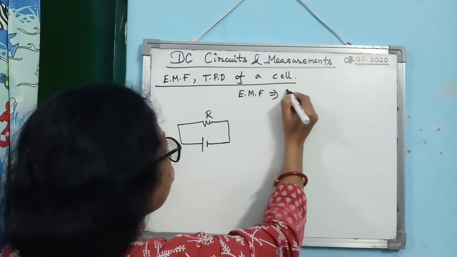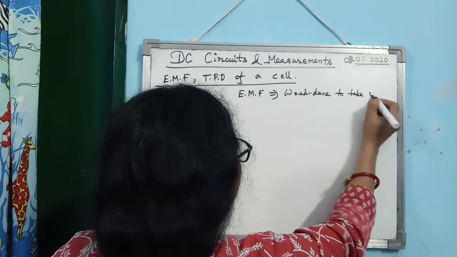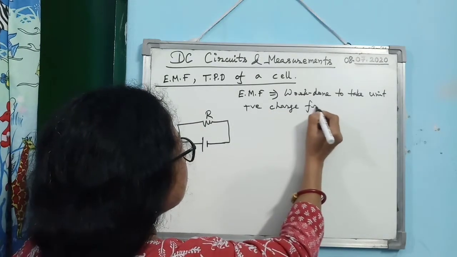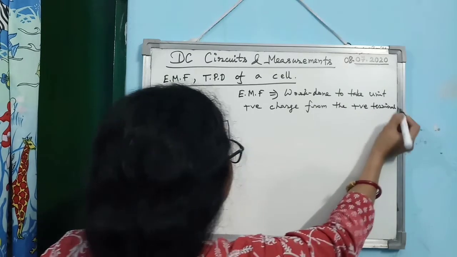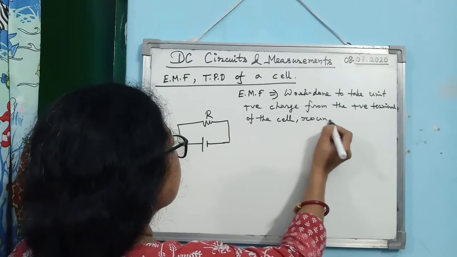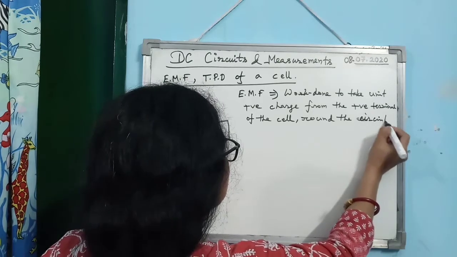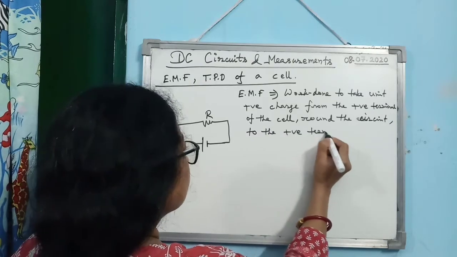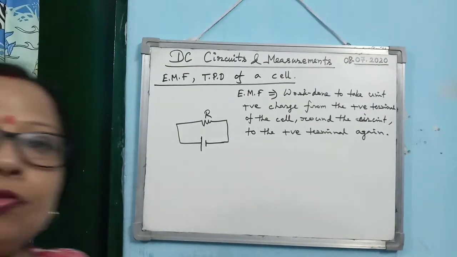EMF of the cell is the work done to take unit positive charge from the positive terminal of the cell around the circuit to the positive terminal again. Alright, that is known as EMF of the cell.